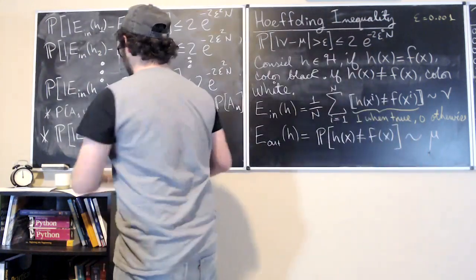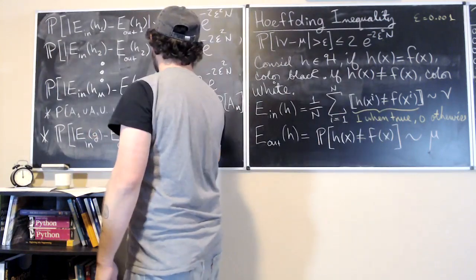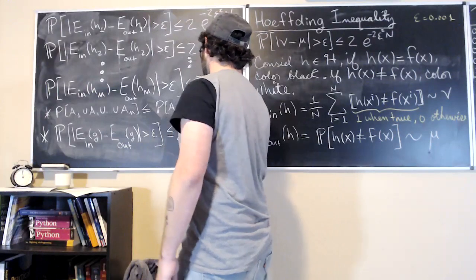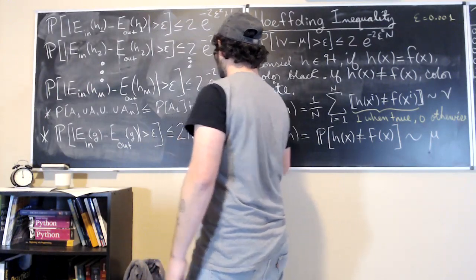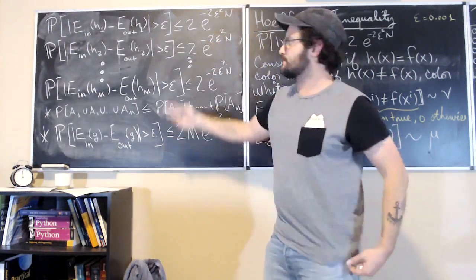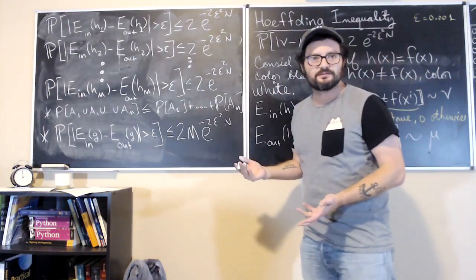So I know that the g that I eventually pick is going to be at most 2m times the negative exponential. You're basically adding this m times for each of these m hypotheses. It's a crude way of getting a bound.